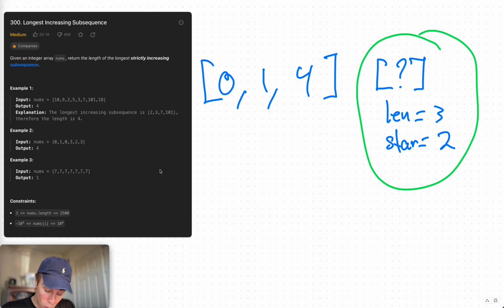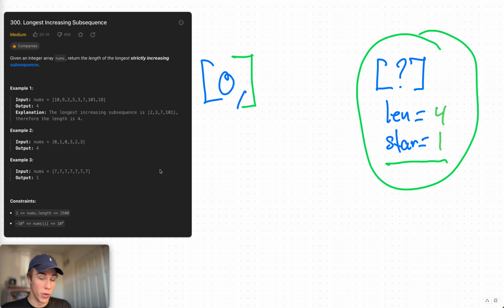Can we consider now 1? 1 is less than start, so we have 1, 2, and then our secret array has a length of 3, so could we now update this to be of length 4 and remove these 2 guys entirely, now only considering 1? Why not, right?